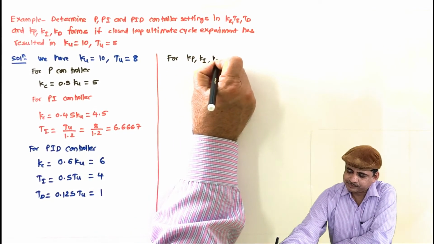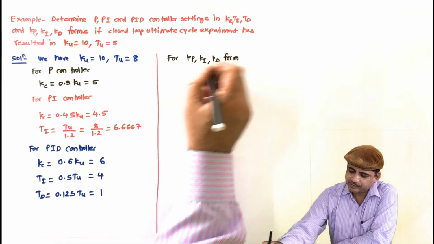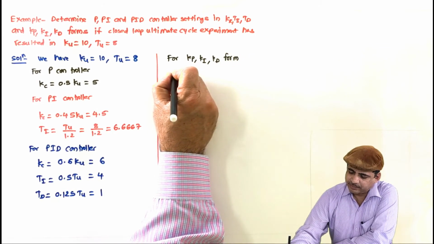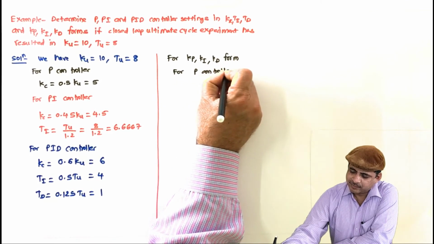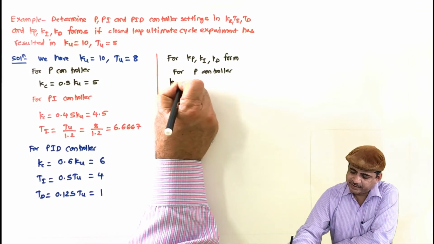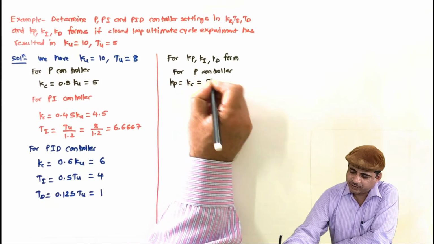For Kp-Ki-Kd form, for P controller, Kp is equal to Kc is equal to 5.